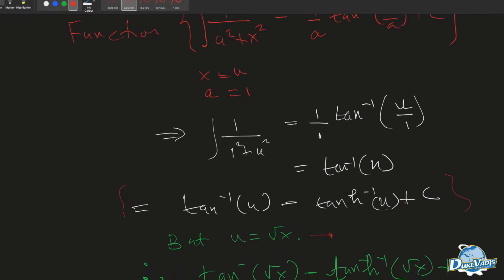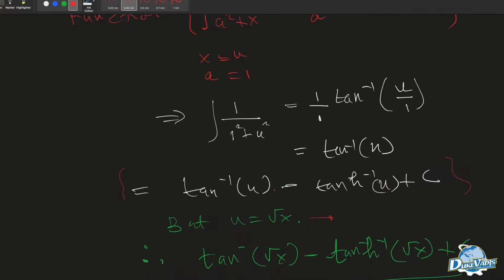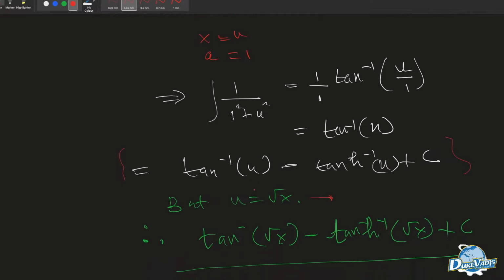Then we put them together as demanded. Then we have to replace u back, because u is not supposed to be part of the question. So put it back, and we have tan inverse of root x minus tan inverse of root x plus c.